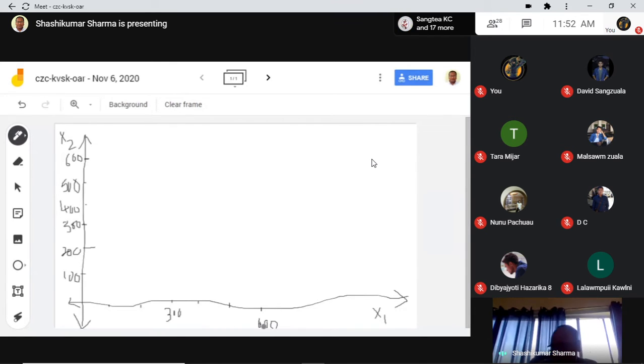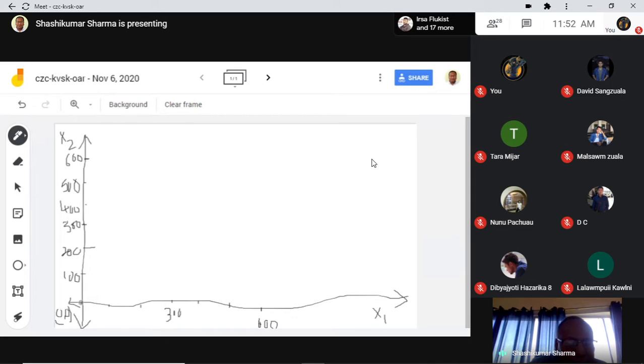Now let us plot the coordinates for equation 1. For equation 1, the first one is 0 and 400 and the second coordinate is 600 and 0. When you say 0 and 0, this point is x1 is 0 and x2 is 0.